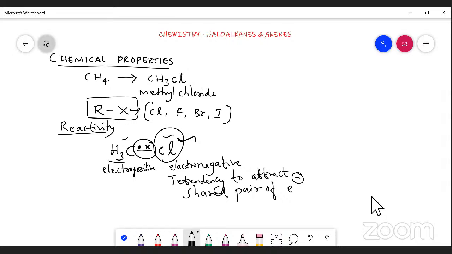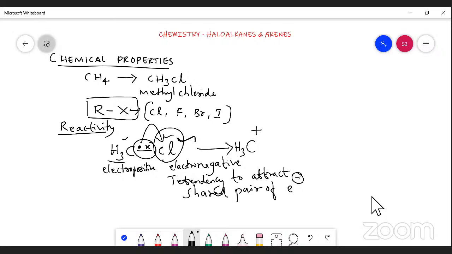Because of the more electronegative nature, the chlorine pulls the shared pair of electrons towards itself. So almost the chlorine has gained 1 electron pair, and in the same way the carbon has lost its own electron. Because of this, it is getting a positive sign.